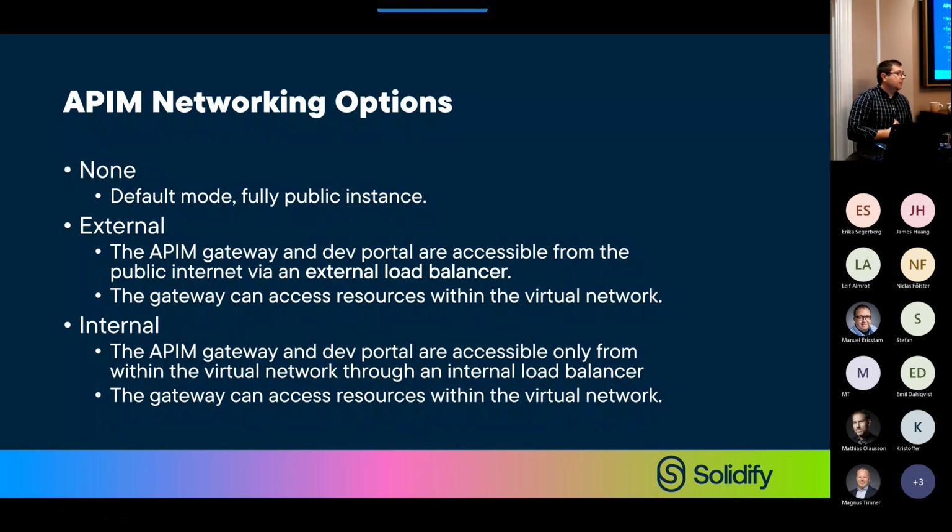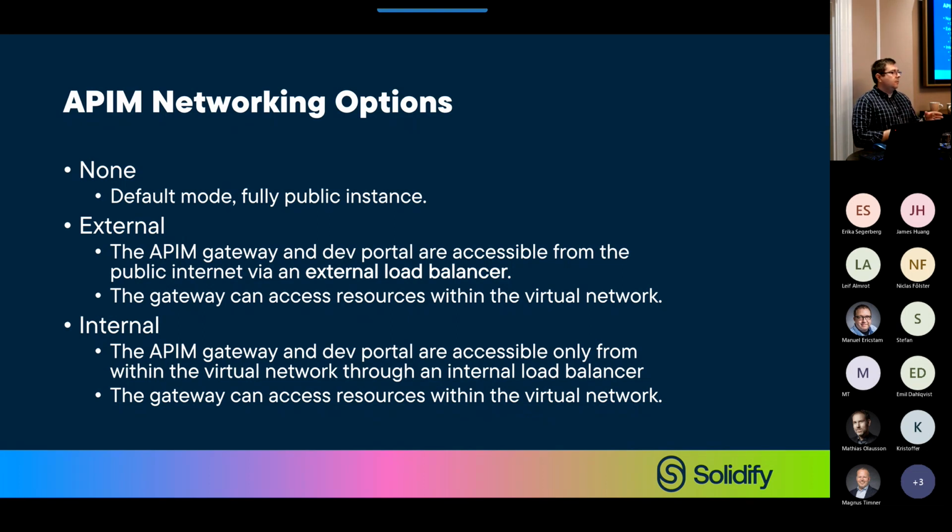There are different networking options, or different ways to inject an API management instance into a network, right? The one deployment option is none. This is the default one, where you just deploy the API management into the public. Then we have the external option, and here the API gateway and the developer portal are accessible from the public internet via an external load balancer.